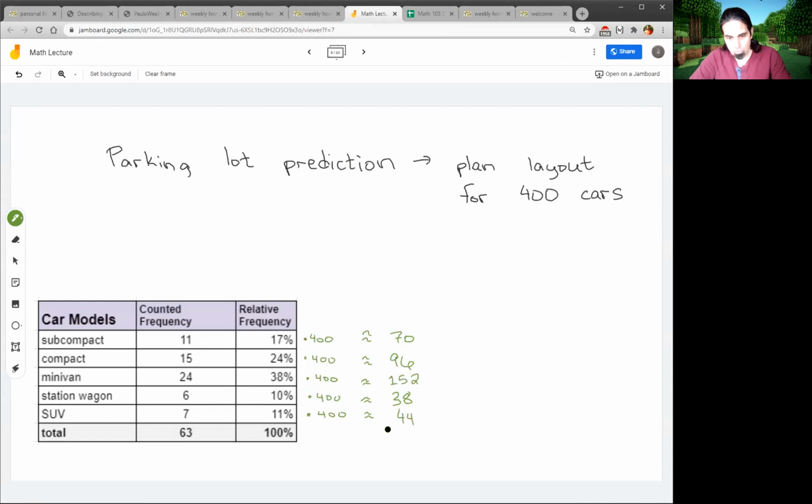I said 44 out loud, I just didn't write it. Okay, so 70 plus 96 plus 92 plus 38. Yep, it adds up to 400. So sometimes it doesn't. If everything just happens to round down a little bit or whatever, you might need to fudge your number.